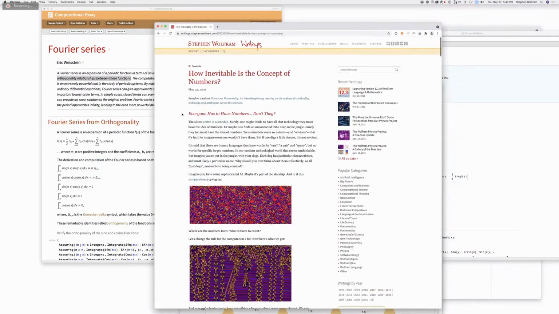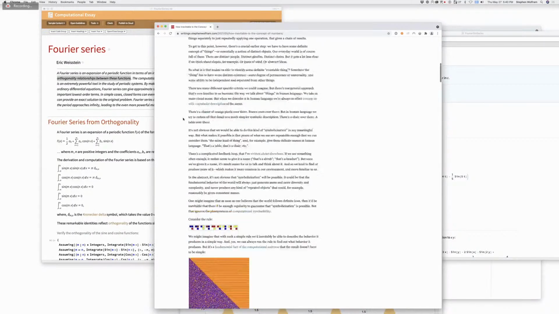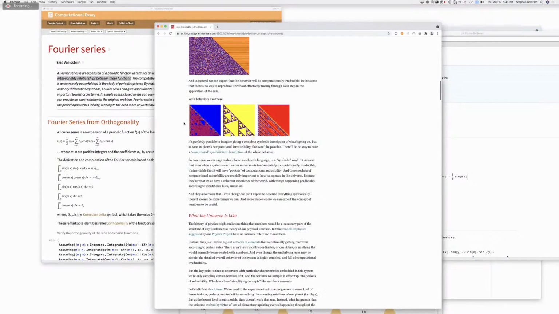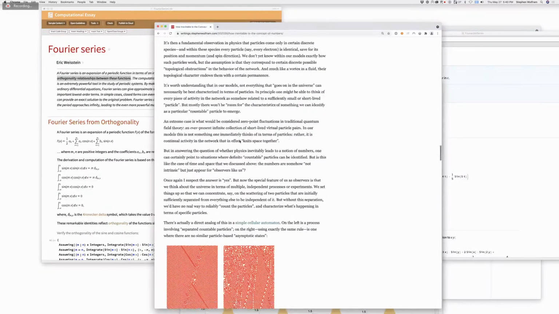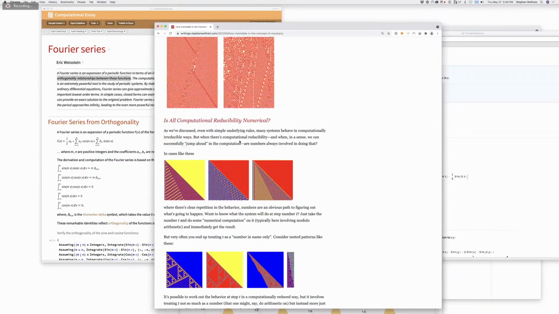If we look at some section here, in every section there is at least an attempt to frame the thing in terms of what's the point.